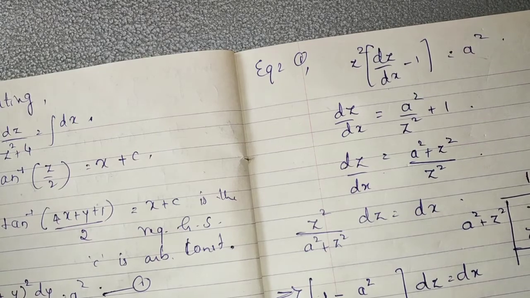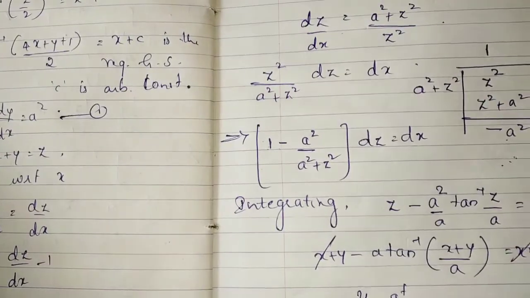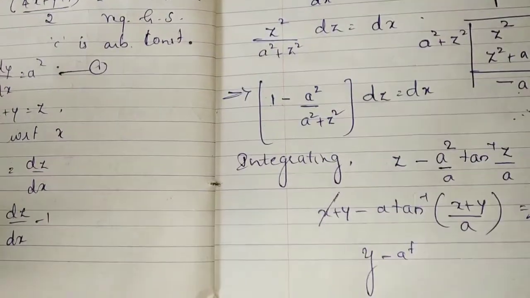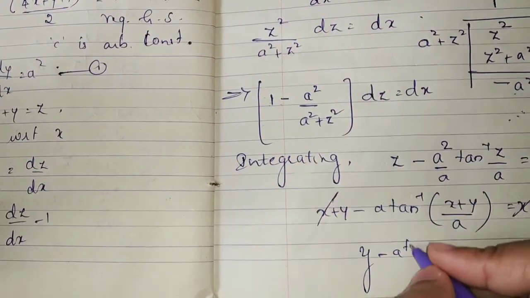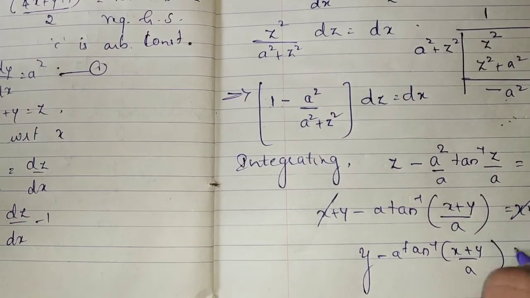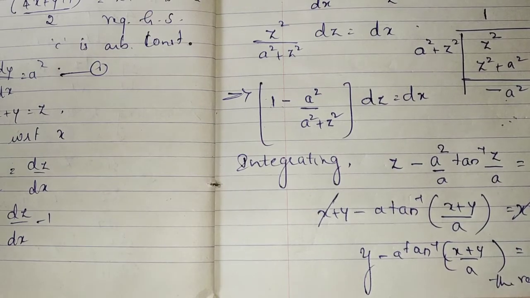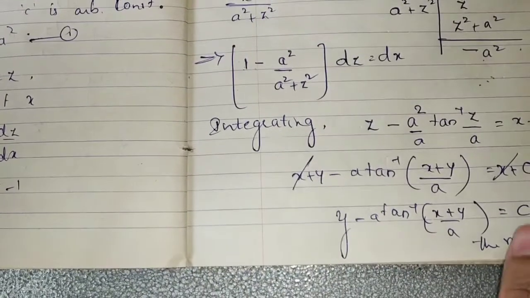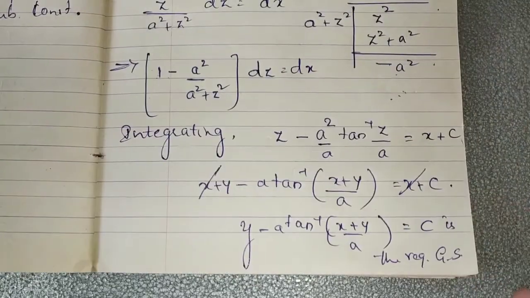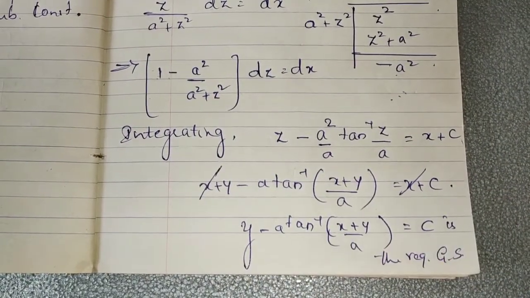Here x can be cancelled. Y minus a into tan inverse of x plus y by a equal to c is the required general solution, and c is an arbitrary constant.